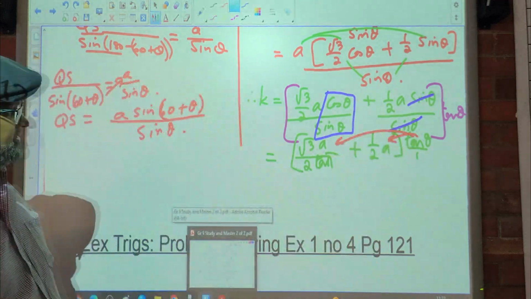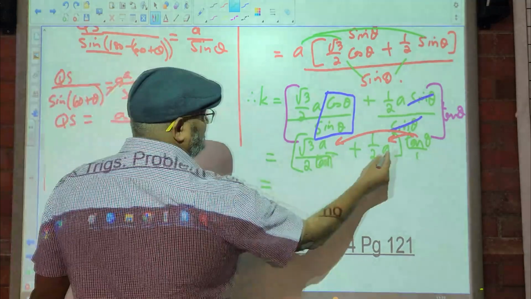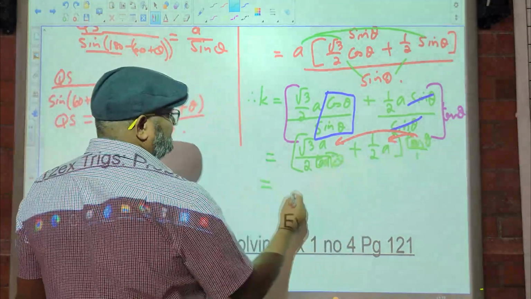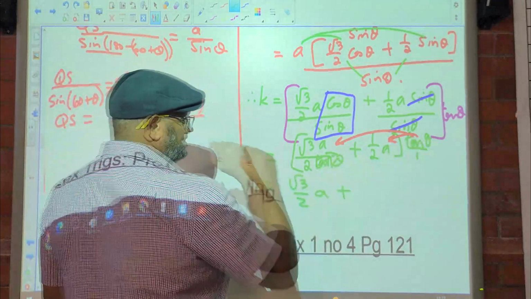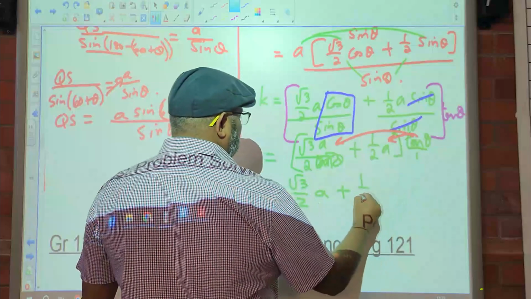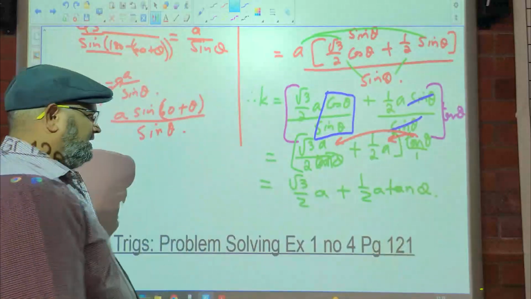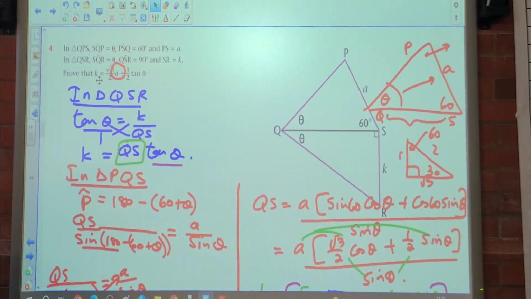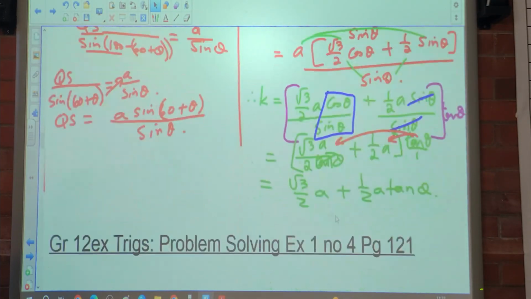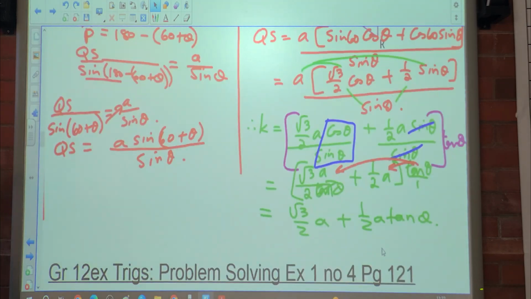So 1 over 10 would cancel that out if I multiply that in. So it's going to be root 3 over 2A plus half A tan theta. And that is what they asked you to prove, that K is equal to root 3 over 2A plus half tan theta. Okay? Easy.